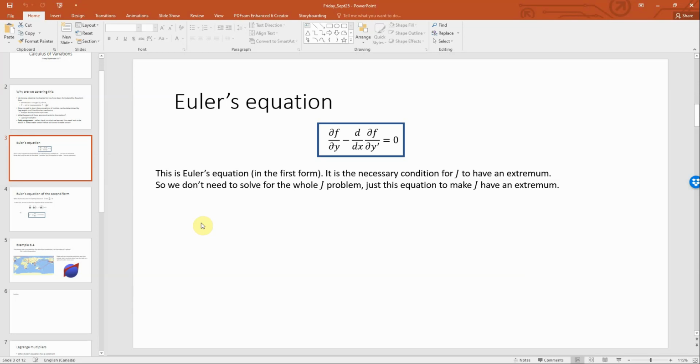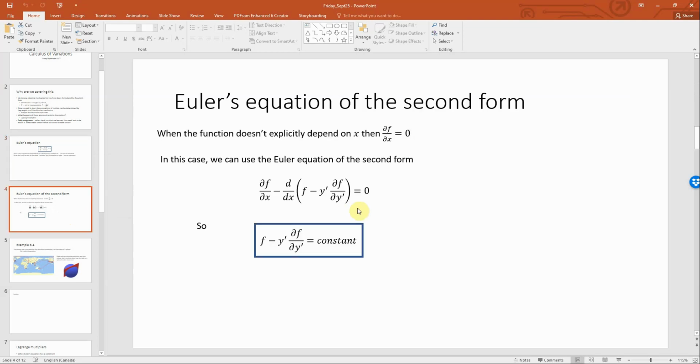We don't actually need to solve for J, this whole thing. We just need to know what causes J to have that extremum, and that is given by Euler's equation. We did some examples earlier in the week, but now we also have Euler's equation of the second form.